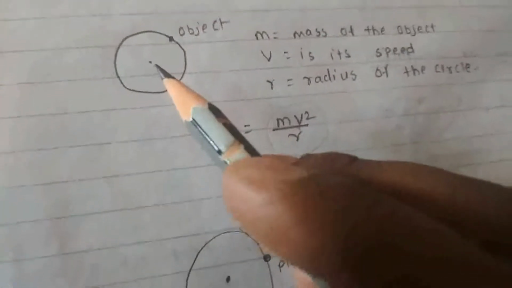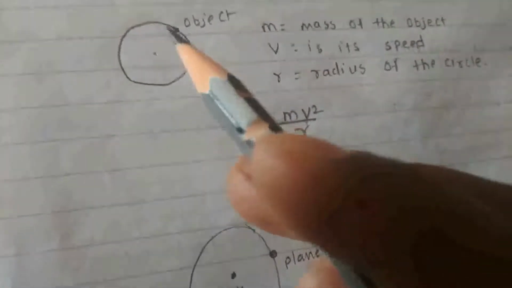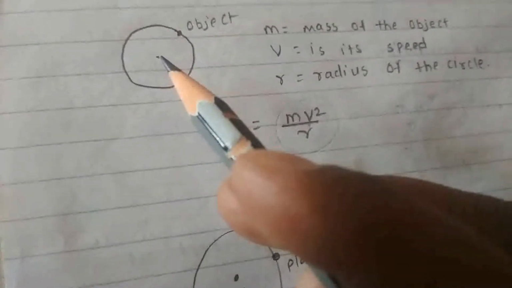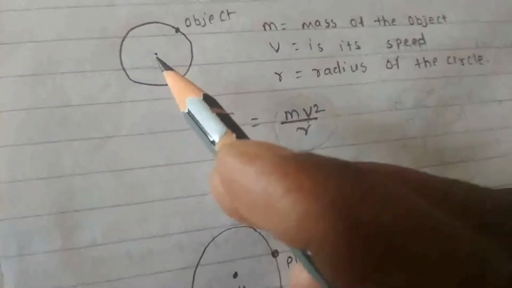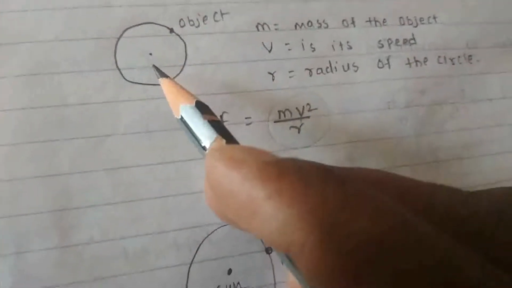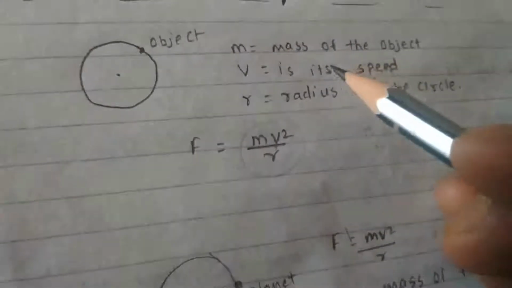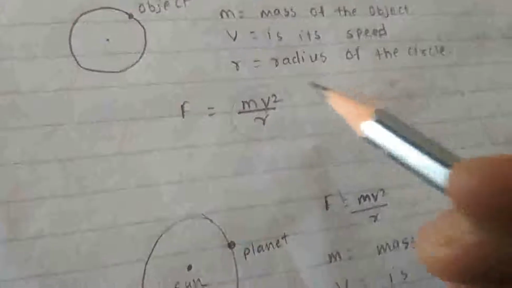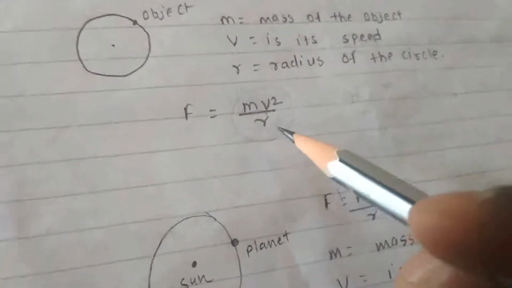In the first video we studied the centripetal force in detail. If m is the mass of the object, v is its speed, r is the radius of the circle, then the force is equal to mv square upon r.